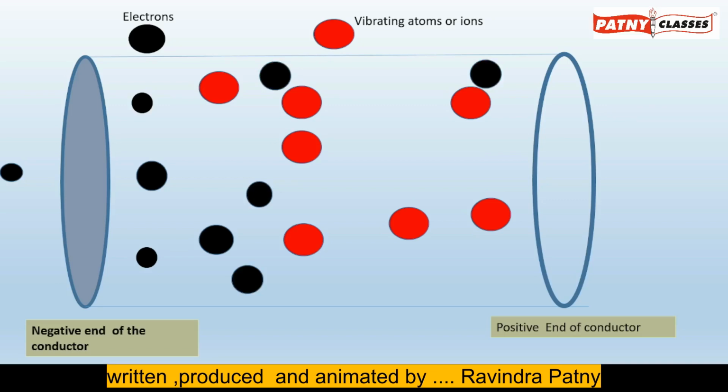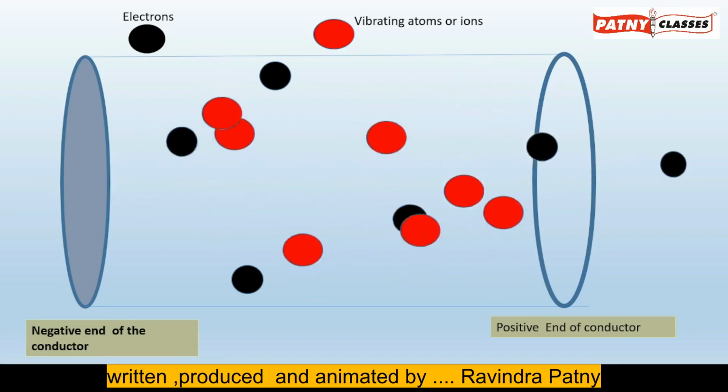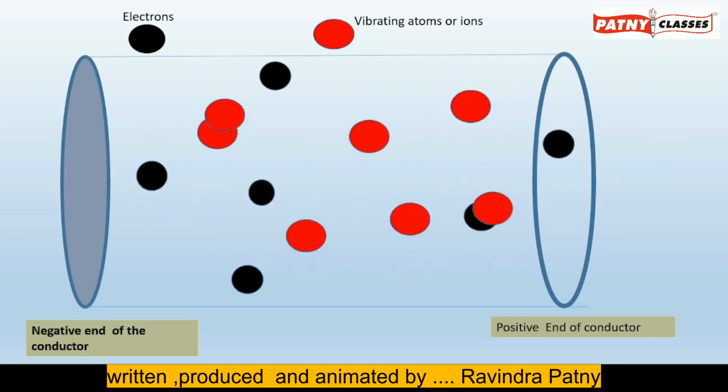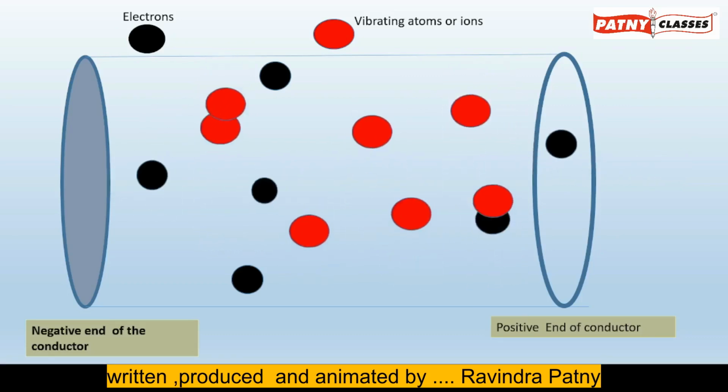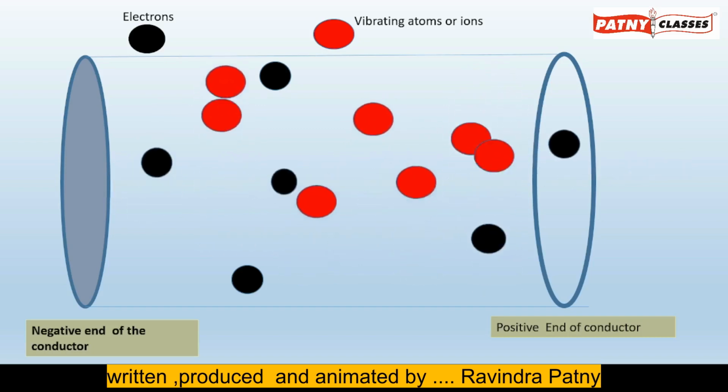Electrons start flowing from the negative end to the positive end. When we provide energy to the conductor, the atoms start vibrating and the free electrons start moving from the negative end of the conductor to the positive end.